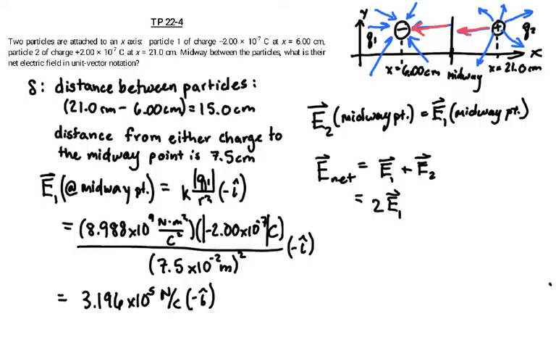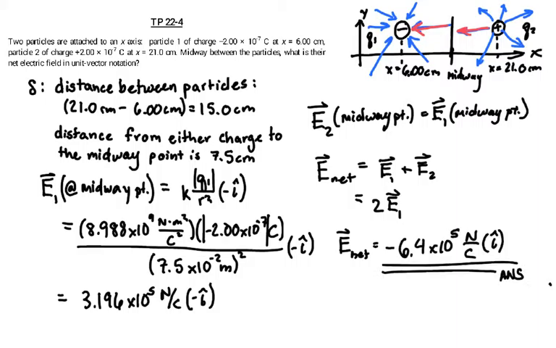And again, this is a simplification based off of where I'm measuring the electric field, and because we have two particles with the same magnitude of the charge. Alright, so once I do that, I take what I have right here and multiply it times 2. And so I get the net electric field is negative 6.4 times 10 to the 5th newtons per coulomb in the I hat direction.